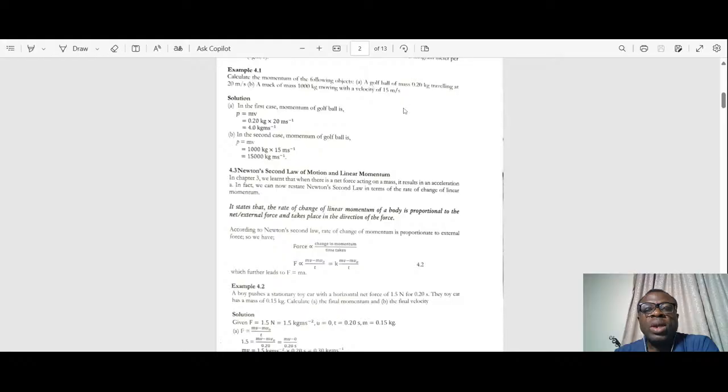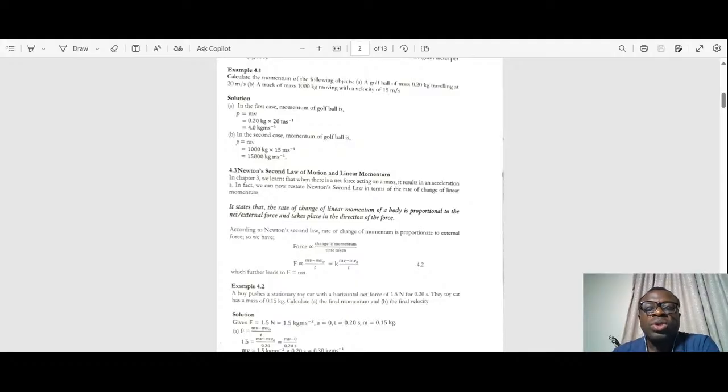For the first one, the mass is 0.20 kg, and for the second one, the mass is 1000 kg, while the velocity is 15 meters per second. These are direct questions. But assuming they are not given directly, what do you do? Or assuming the units are not given in SI units, what do you do?